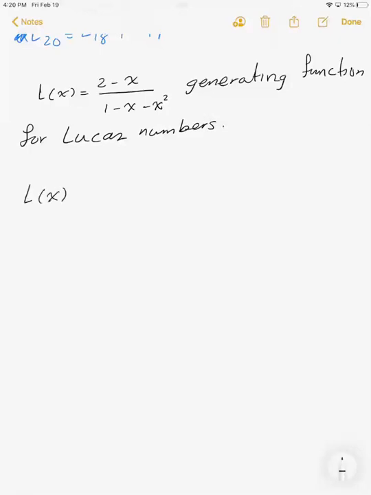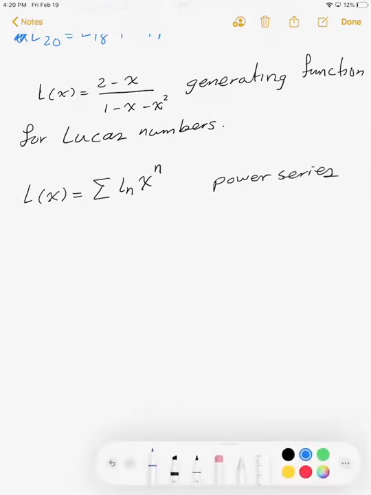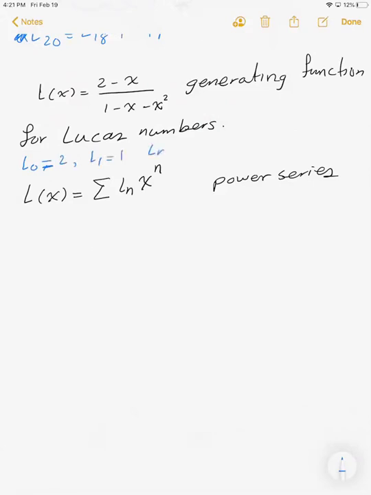So we let L of x equal the sum of a_n x^n. That is the notation most textbooks use. I'm going to use Ln x^n. We call this a power series. We have the recursive formula which says L0 is equal to 2, L1 is equal to 1, Ln is equal to Ln minus 2 plus Ln minus 1.